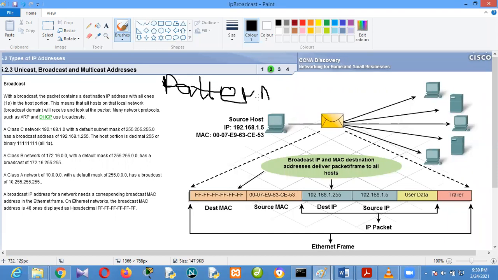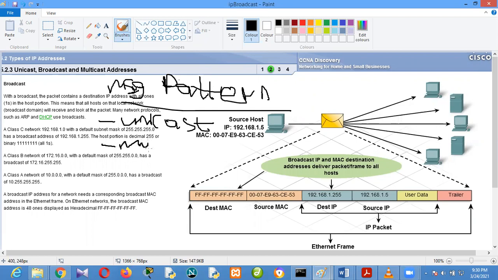Message pattern. We have unicast, we have multicast, and we have broadcast.